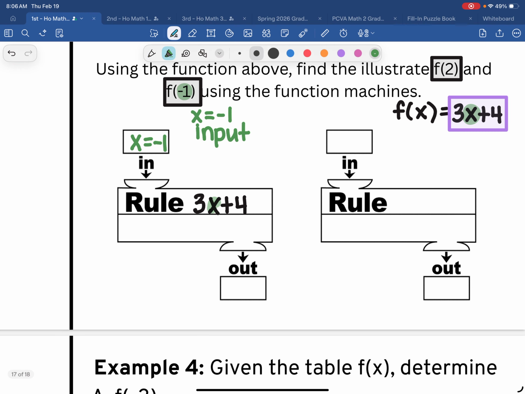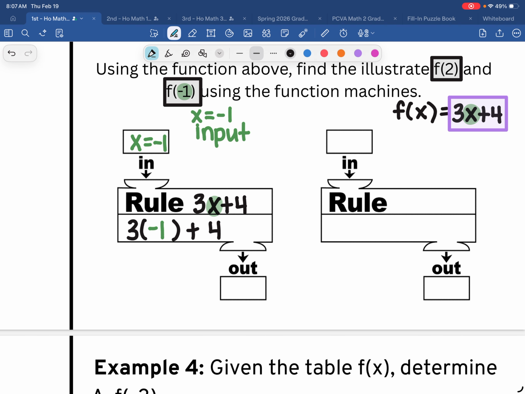And then we're going to input the number, and we're going to input negative 1. So what I like to do is I like to take the x out, put a parentheses that is a placeholder, just like I had a placeholder for the input in the parentheses. And then I'm going to put in negative 1.